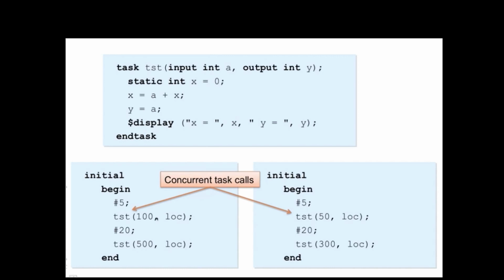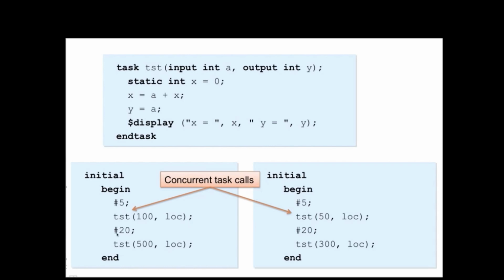And then the idea is that we're going to have two concurrent initial blocks. So both of these are running concurrently in the simulator. And then we're going to be calling the test task from each of those, at the same time. So the question is which one is going to be invoked first? That's really tool dependent.